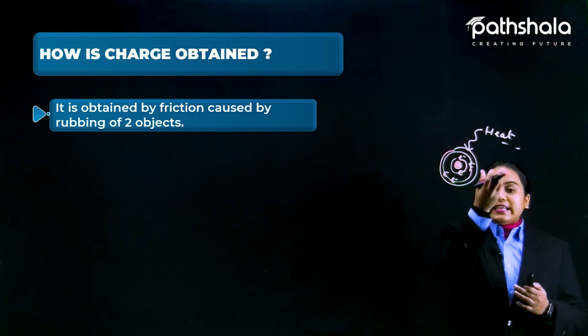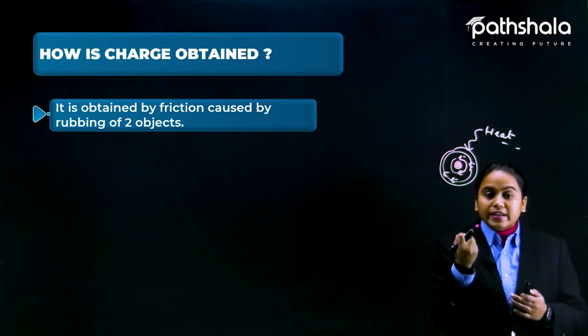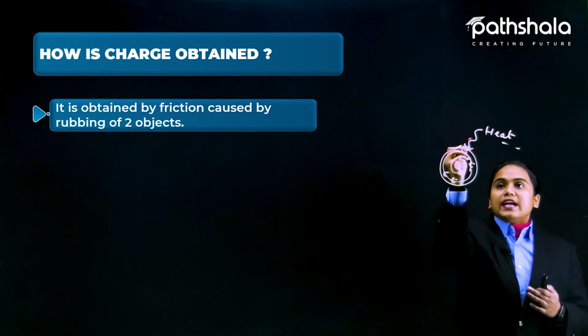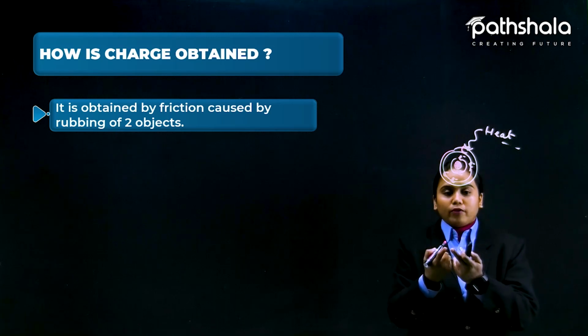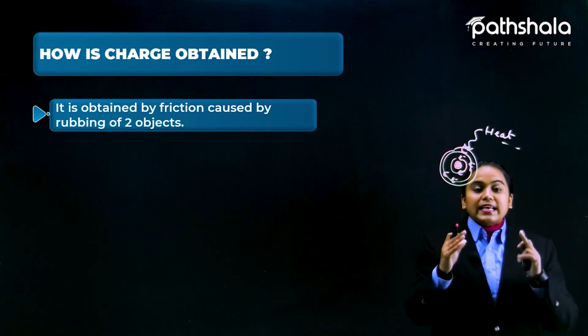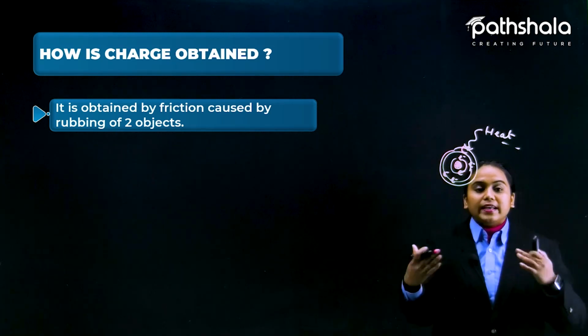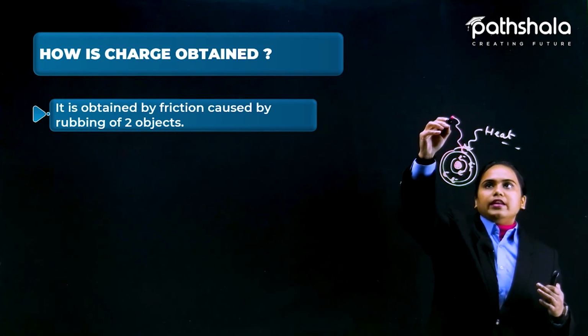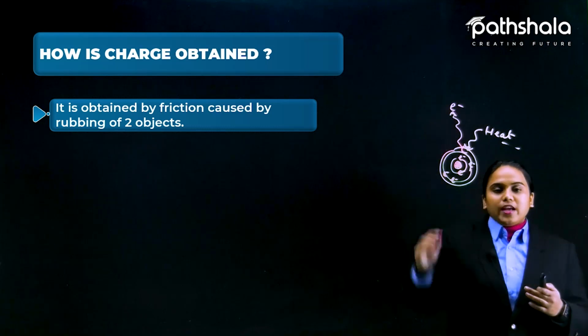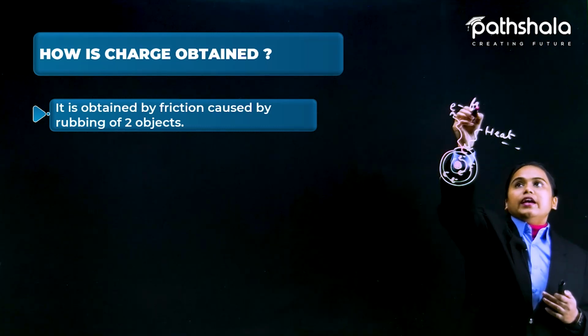So by getting this kind of energy, the electrons that are present in the outermost shell of an atom get excited. By getting the extra energy, they get excited and eventually they will leave the atomic shell and become a free electron.